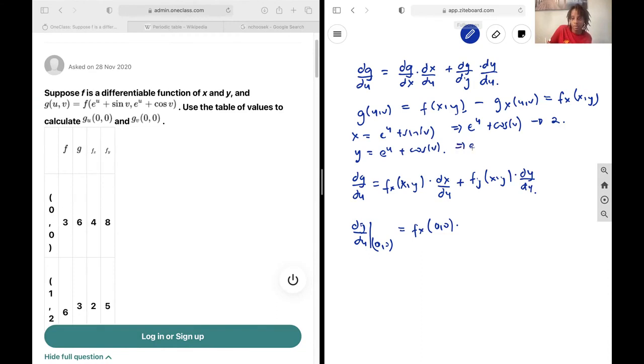Additionally, dy over du will become e to the u minus sine v, and that will just become 1 minus 0, so 1. So dx over du evaluated at 0 is going to be 2, plus the derivative with respect to y at (0, 0), multiplied by dy over du at that point, so by 1. Luckily we have been given fx and fy at these various points. So fx at (0, 0) is going to be 4, and fy at (0, 0) is going to be 8.